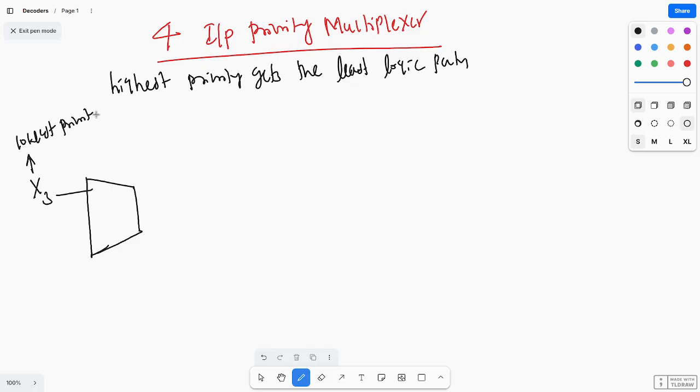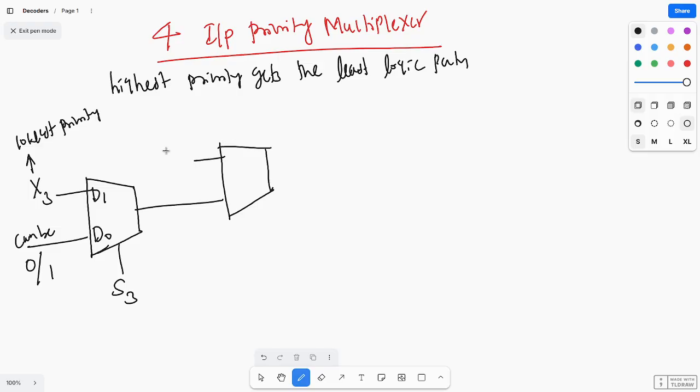This has d1 and d0, and D0 can be either 0 or 1. Next, this is s3, and the output is given to one more mux.